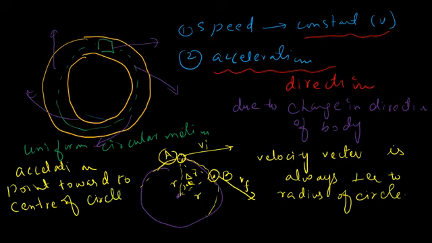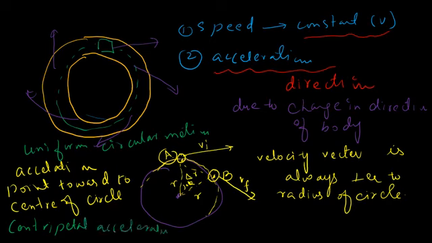As the acceleration always points towards the center of the circle, we call this acceleration the centripetal acceleration, because it always points towards the center of the circle. That's why it is called centripetal acceleration.